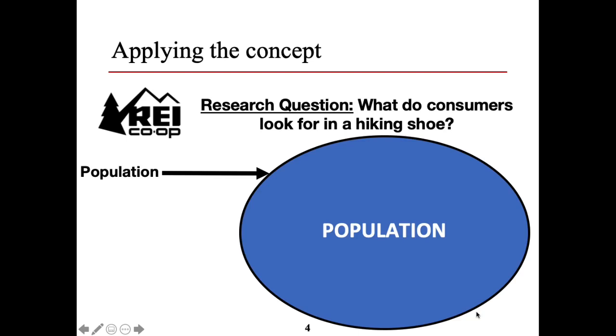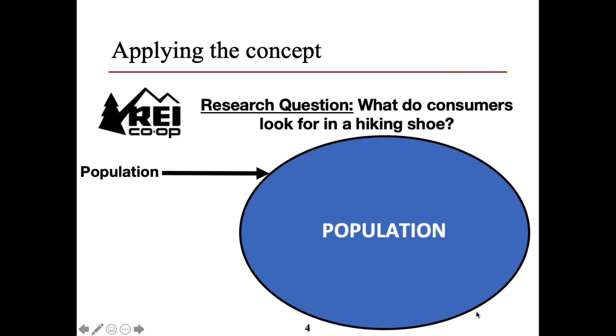So there could be many different reasons why they may have this research question. But if you think about the population here, what do you think that their population may be in this case? So the population in this case could be any consumer that's interested in outdoor activities, because hiking shoes can be used for many different types of outdoor activities.